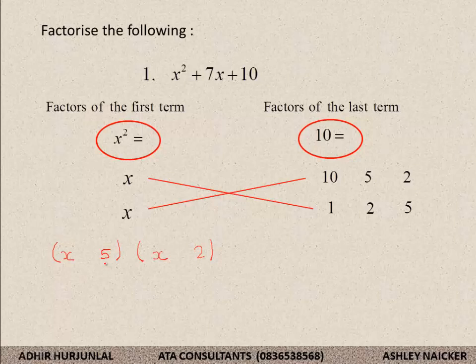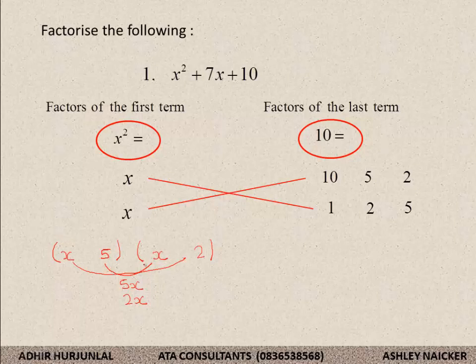Watch what I do now, guys. 5 multiplied by x is 5x. x multiplied by 2 is 2x. By using 5x and 2x, is it possible for me to get 7x? Yes, it is, by adding 5 plus 2. You would notice I'm not worried about the signs as yet. I'm simply concerning myself with finding the correct factors.